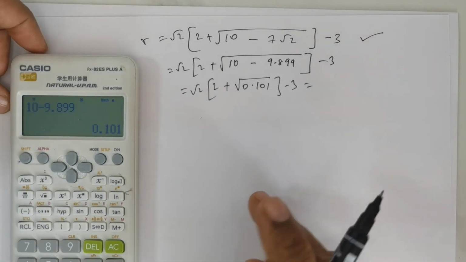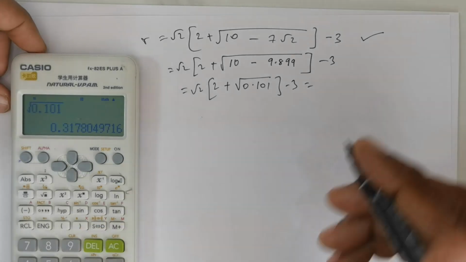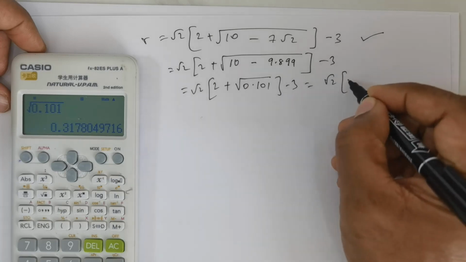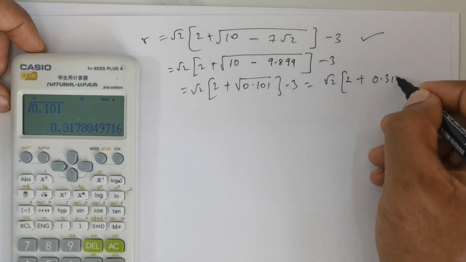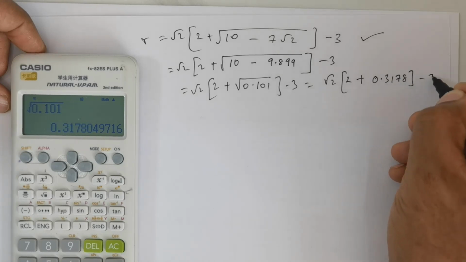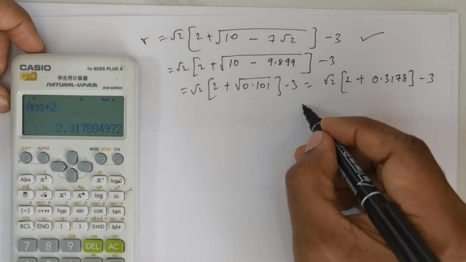So this is equal to, I'm going to take the square root of 0.101. Okay, that is giving me 2 plus 0.3178 negative 3. So I added 2 there.